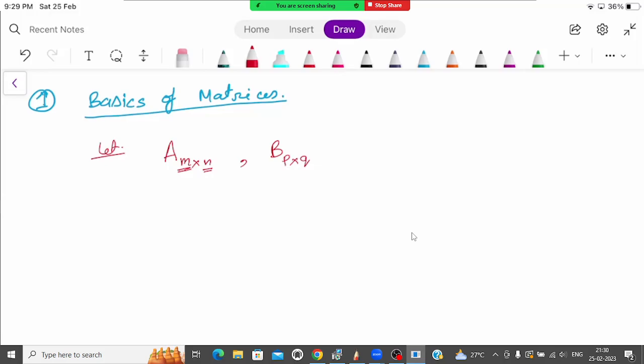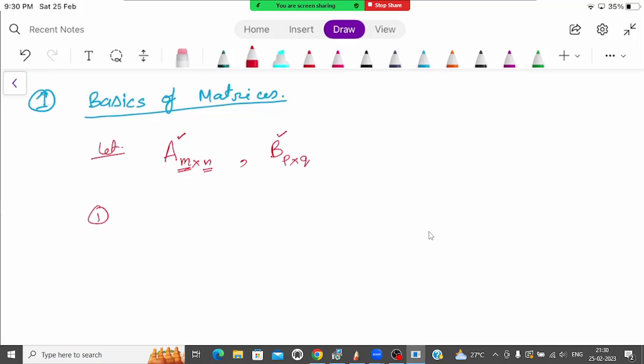So using these two matrices I will explain some properties of matrices. The first property: suppose we want to multiply matrix A and matrix B. There is one condition for when we can multiply these two matrices.